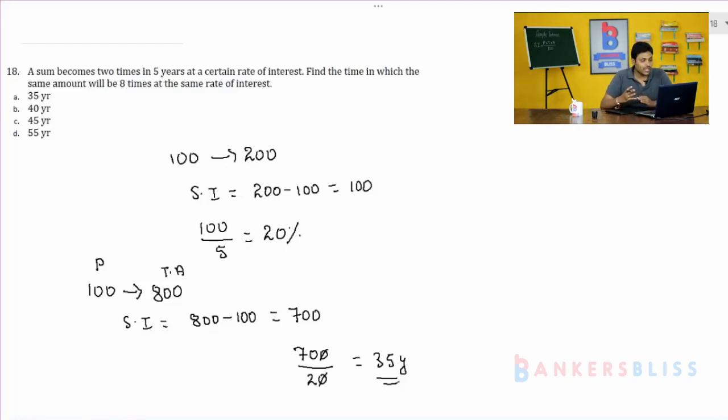So, simple interest is 800 minus 100, you get 700 rupees. 20% is the rate of interest, so 700 by 20 gives 35 years. So, the time period is 35 years. So, for the 18th one, option A is the right answer.